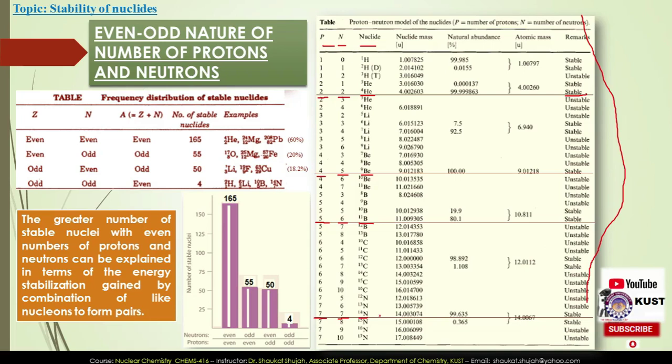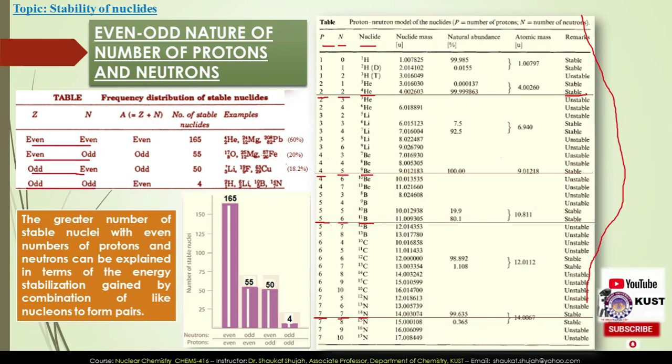So based upon these observations, the stable nuclides can be classified into 4 categories: the even-even group, the even-odd group, the odd-even group, and the odd-odd group.